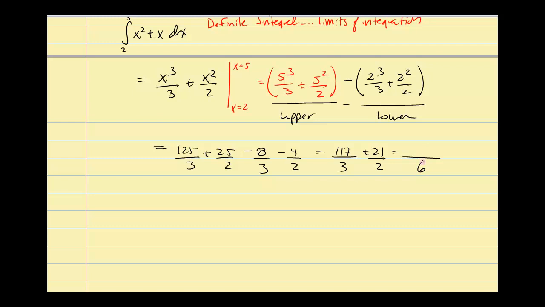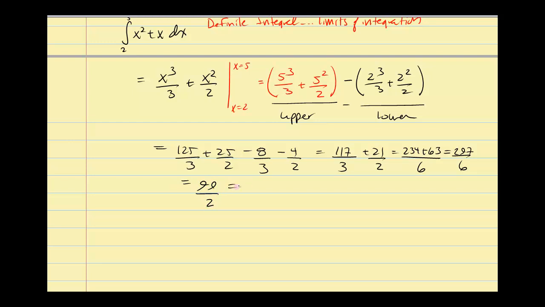Finding a common denominator of 6, I end up with 234 plus 63 over 6, which is 297 over 6, which reduces by a factor of 3 to 99 over 2.